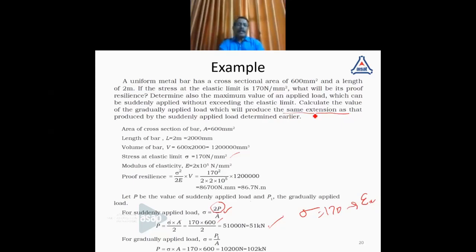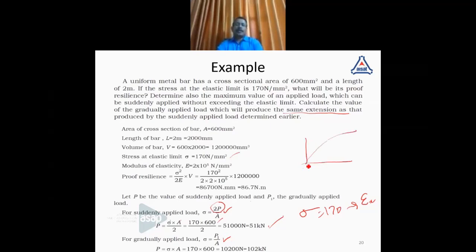When you are giving a gradually applied load, the conventional expression for stress can be utilized. When gradually applied load, sigma is equal to P1 by A, the value of stress which is applied. Normally, the stress is applied gradually.